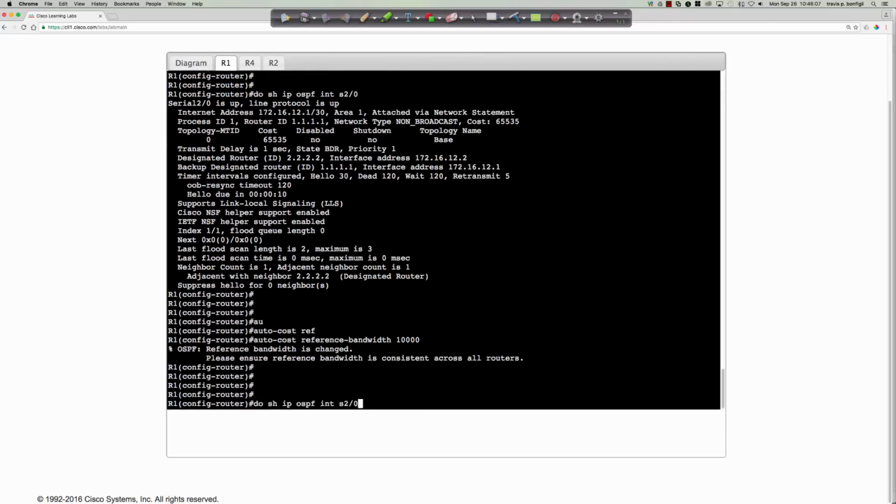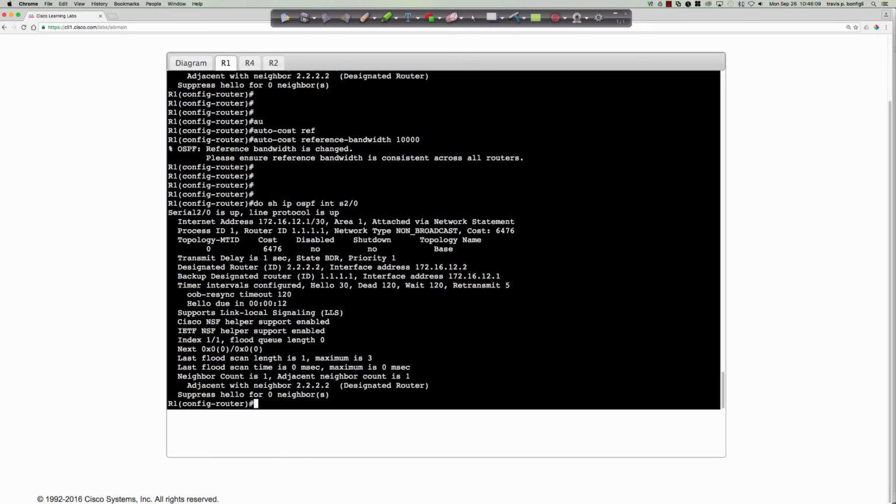When I do show IP OSPF interface serial 2/0, you can see that our cost is 6746. So we've manipulated the auto-cost reference bandwidth, saying that somewhere in our environment we've got 10 gig links. That is how we differentiate between 100 meg, a gig, 10 gig, and so on.